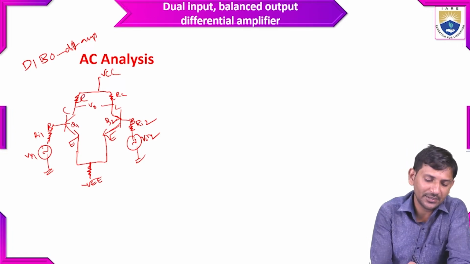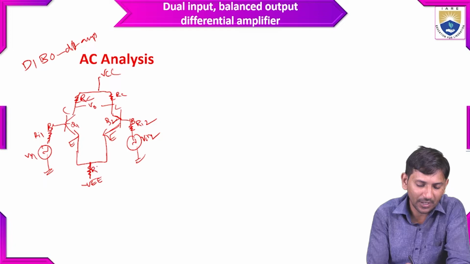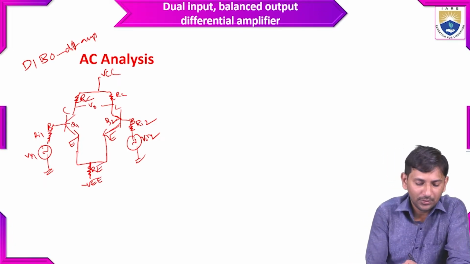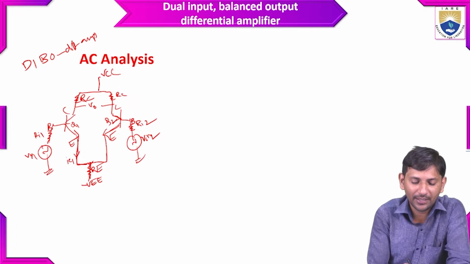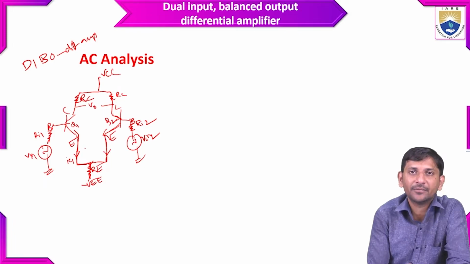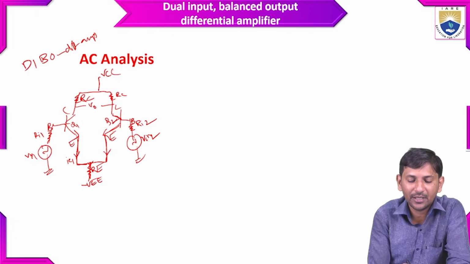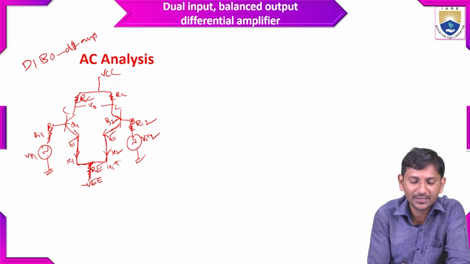Rc is the collector resistance of Q1 and Q2, and this is Re. Now the current across this Re: from the emitter of the Q1 transistor the current is IE1, and from the emitter terminal of the Q2 transistor the current is IE2, so the total current becomes IE1 plus IE2.